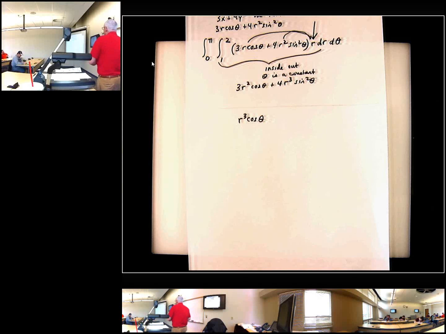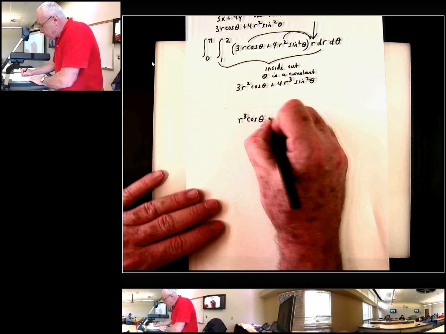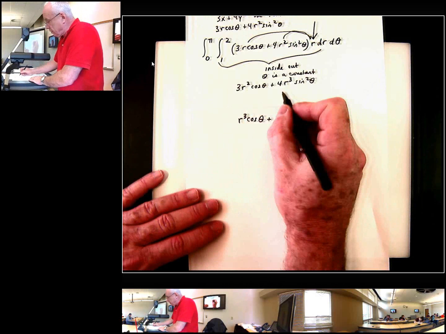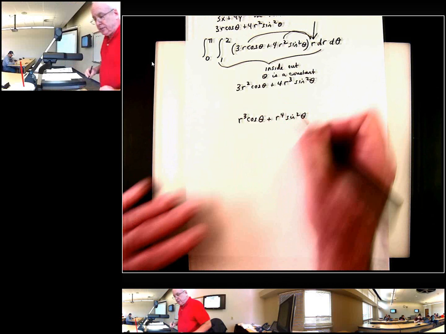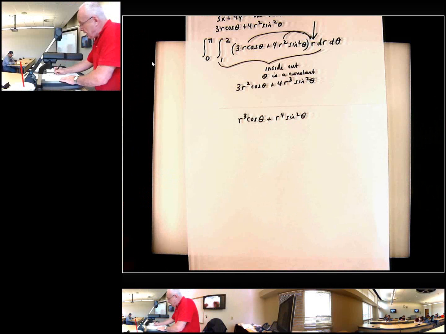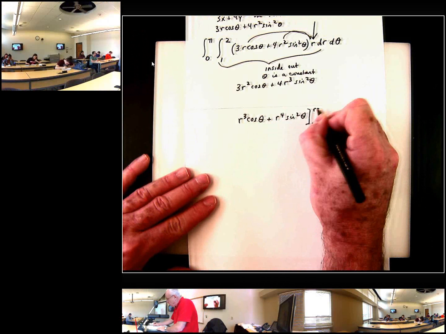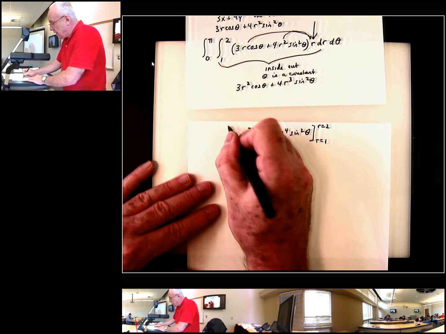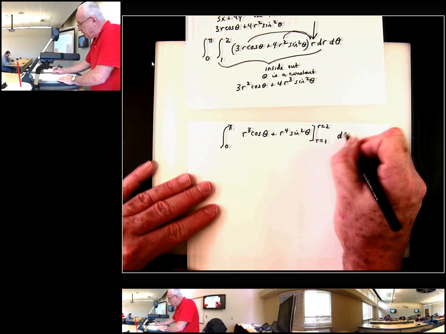And then 4r to the third is going to be 4r to the fourth over 4. So that's going to be r to the fourth. And then we keep the sine squared theta as it is. And then this is going to be evaluated from r equal 1 to r equal 2. And then we want to write our outside integral 0 to pi d theta.